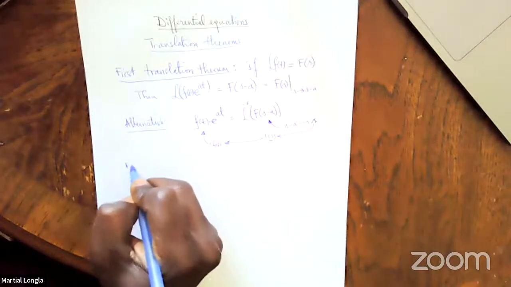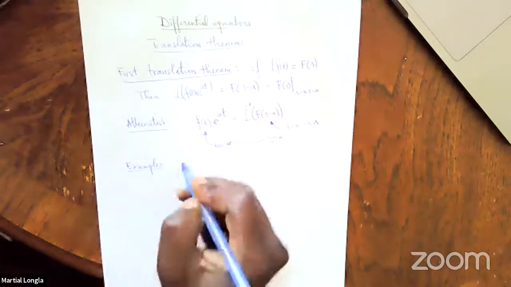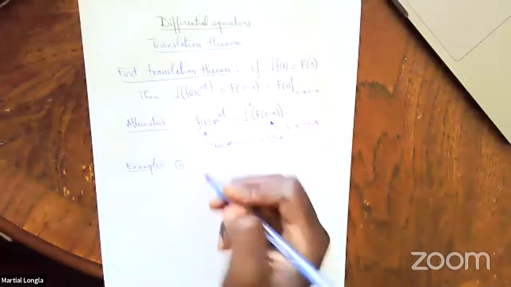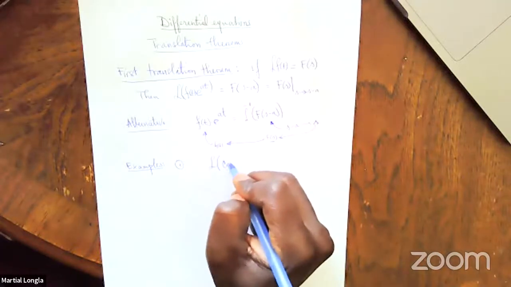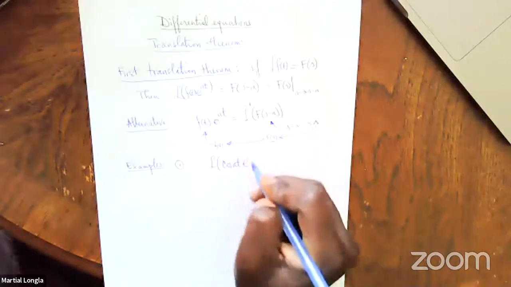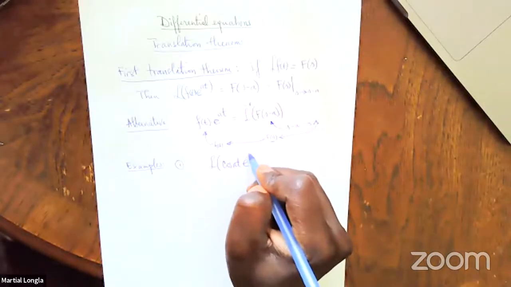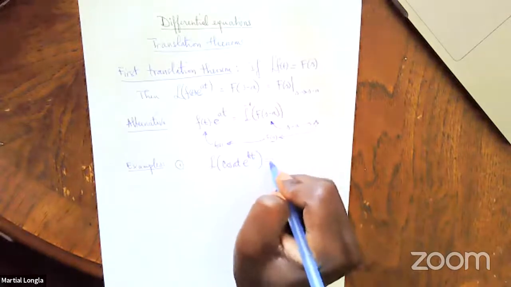Examples. So one, say the Laplace transform of cosine at e to the kt, for example.